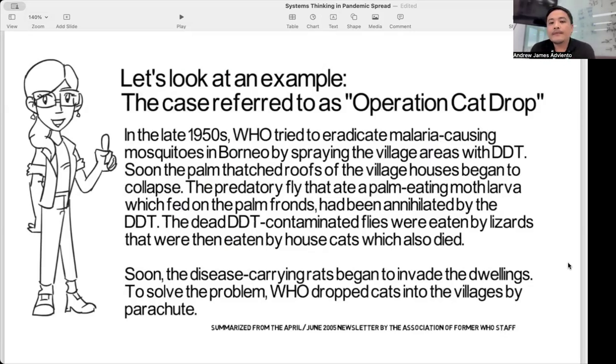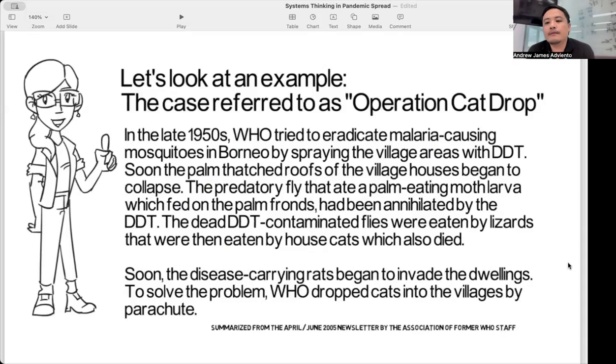The predatory fly that ate a palm-eating moth larva, which fed on the palm fronds, had been annihilated by the DDT. The dead DDT-contaminated flies were eaten by lizards that were then eaten by house cats, which also died. Soon the disease-carrying rats began to invade the dwellings. To solve the problem, WHO dropped cats into the villages by parachute.